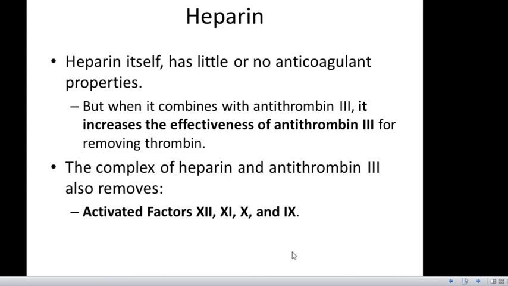Another important point about heparin is that it is produced by mast cells located in the pericapillary connective tissues throughout the body. This helps to prevent growth of clots, especially in the lung capillaries. Otherwise, they would form emboli.